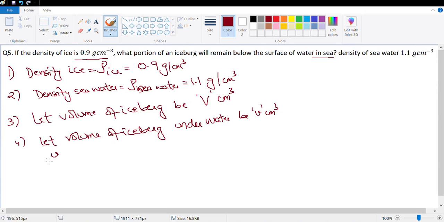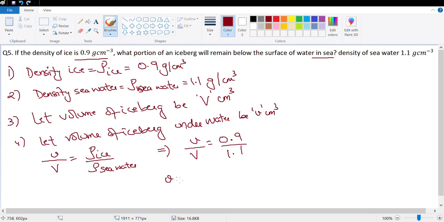So we know small v upon capital V is equal to density of ice upon density of seawater. Let's substitute values, and what we get is small v upon capital V is equal to 0.9 upon 1.1. So small v is equal to 9 by 11 of total V.